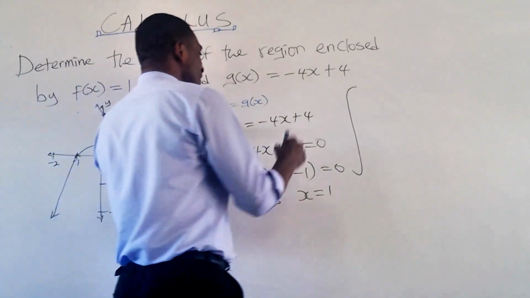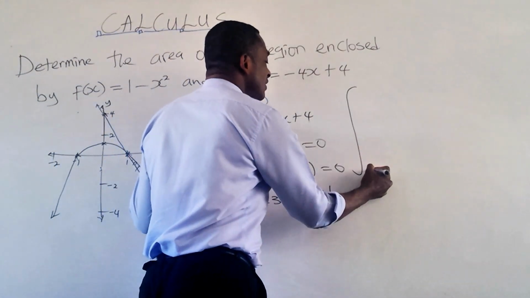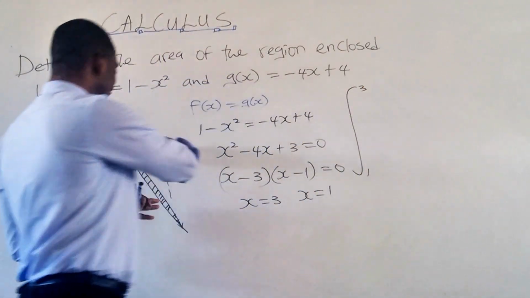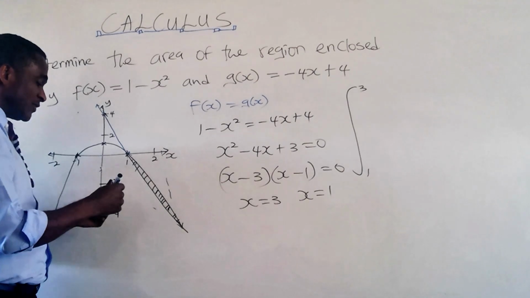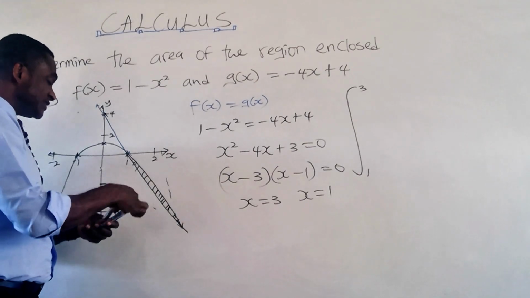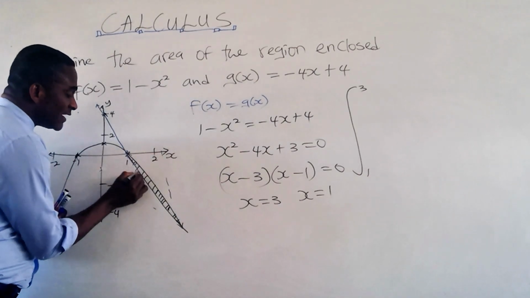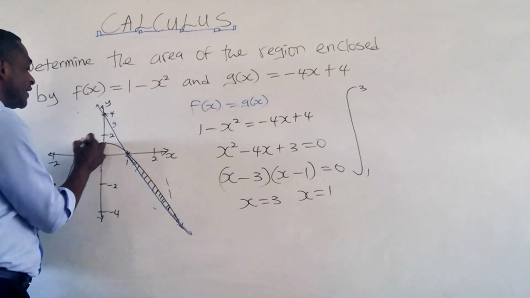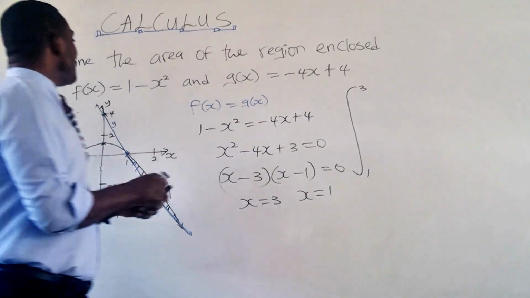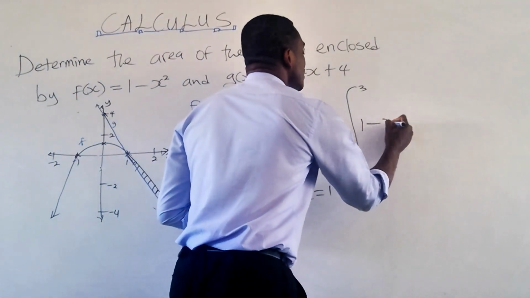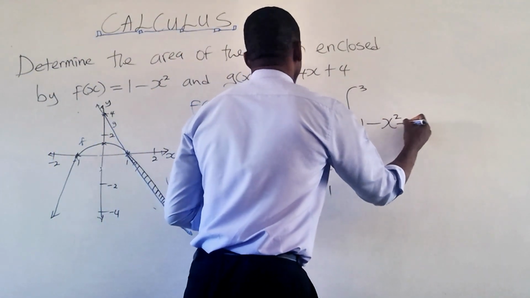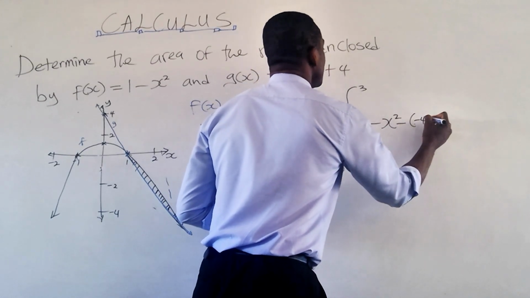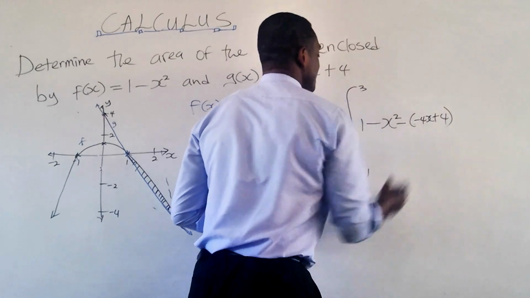In this case, it's going to be the definite integral of f(x), the one on top, minus g(x), the one below. Now f(x) is 1 - x², minus g(x), which is -4x + 4.